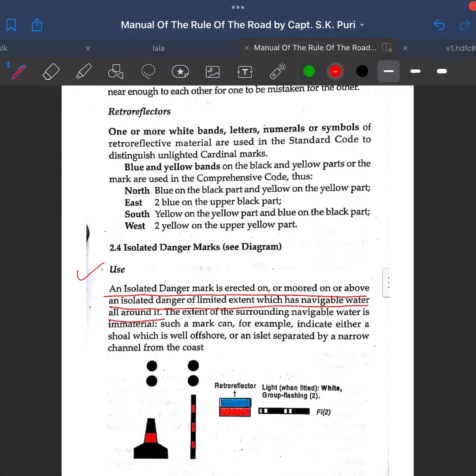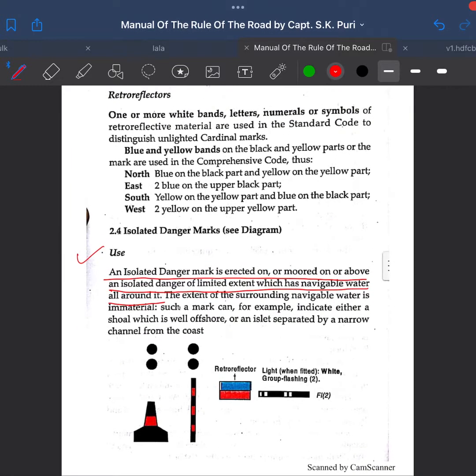Means suppose you see this buoy here, this area may be non-navigable, but you can make a large alteration to avoid this area. So that is the use of the isolated danger mark.